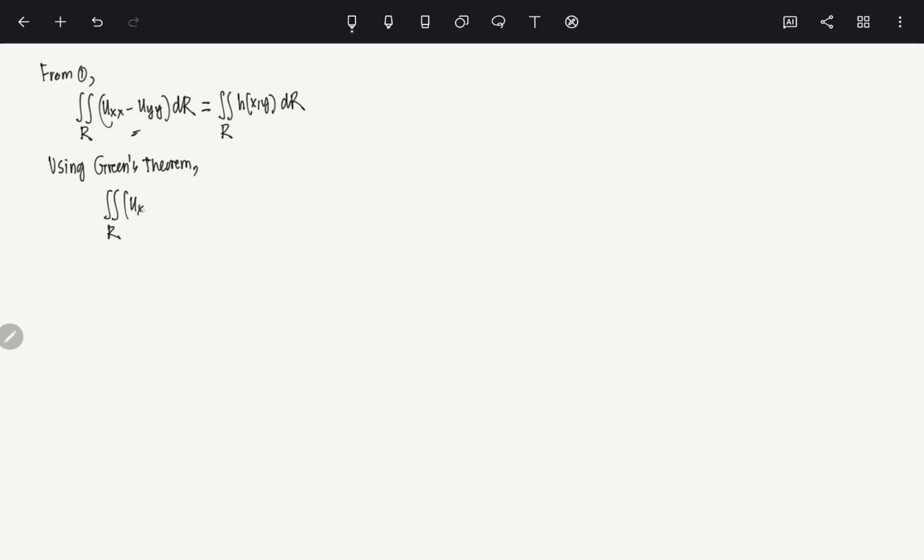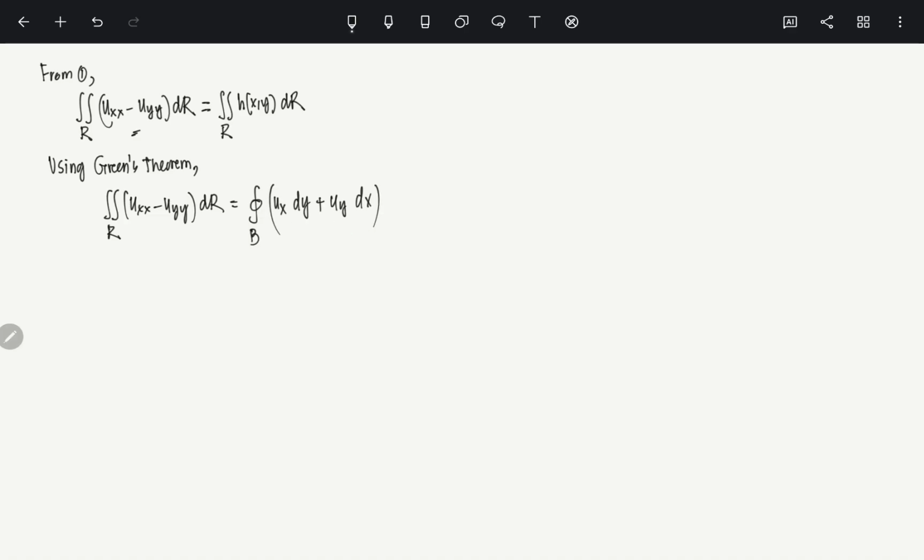So uxx minus uyy d of r, which is dx dy essentially, is the line integral over b, where b is the boundary of the region, of ux dy plus uy dx.